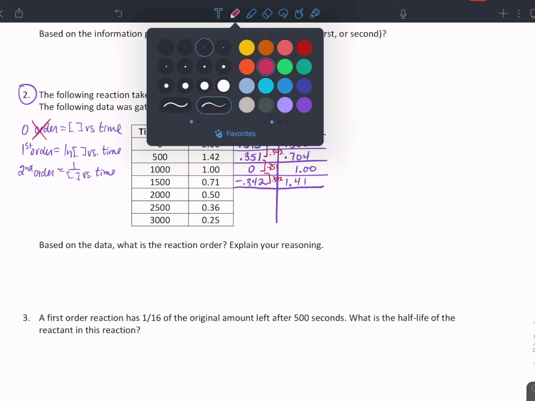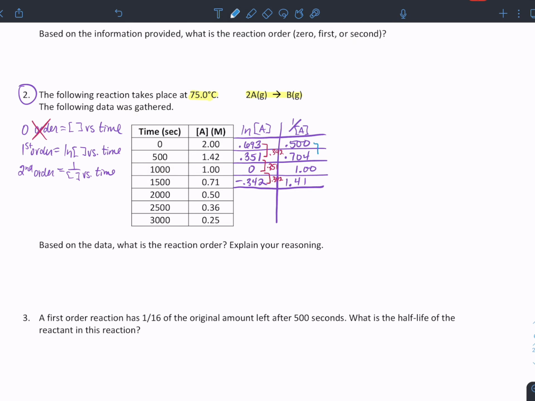Okay, if I change my colors here and I look for my changes for each of these increments, here 0.5 up to 0.74, maybe 0.204, 0.704 up to 1 is going to be 0.296, and then 1 to 0.41 is going to be 0.41.